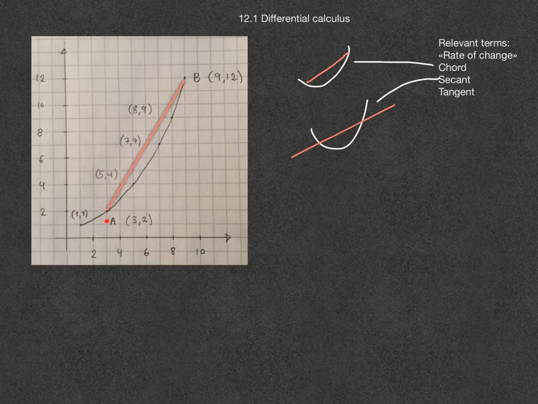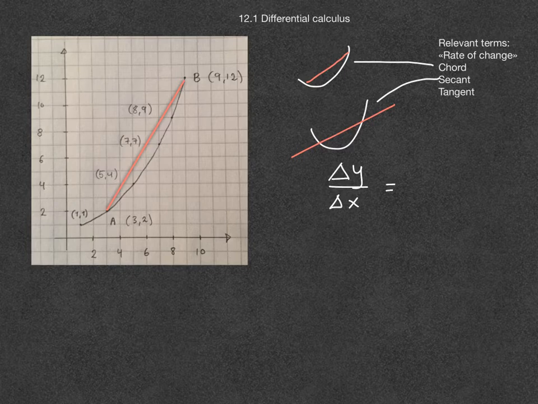So this is the point A, and we have the point B. Now the change from A to B is a change in x value and a change in y value. And we can express this change as the gradient of the line AB. And we find the gradient by linking the change in y value with the change in x value, like this. So you might remember this from before.